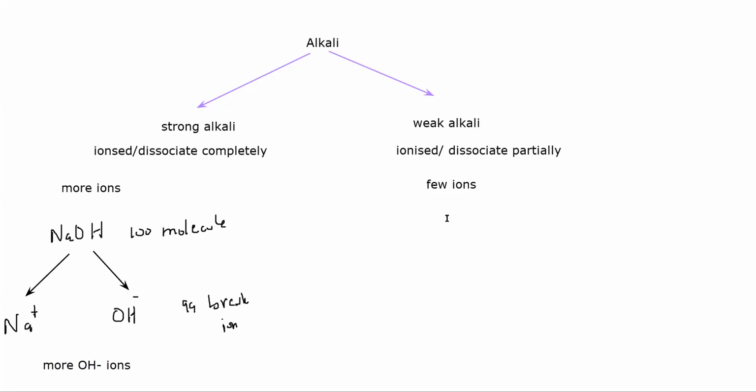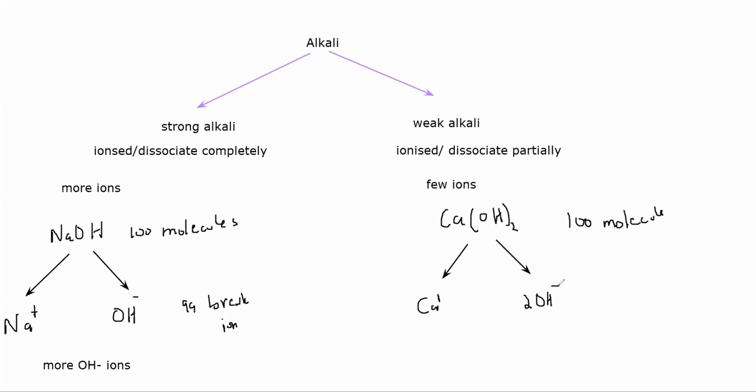But a weak alkali, for example, calcium hydroxide. Calcium hydroxide is partially soluble, meaning a very small amount will dissolve. So if you have 100 molecules of calcium hydroxide, when you add water, it will dissociate into a calcium ion and two hydroxide ions.